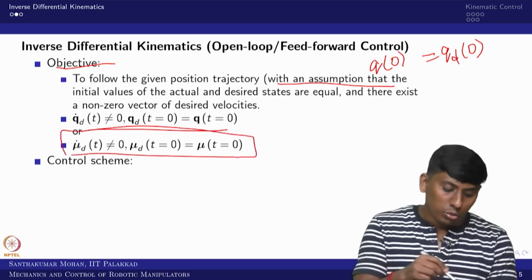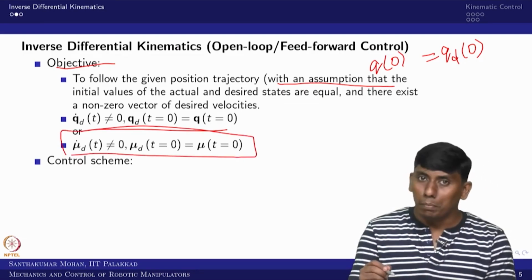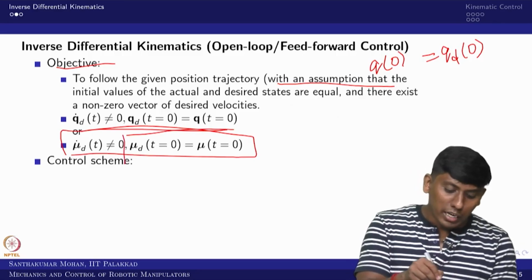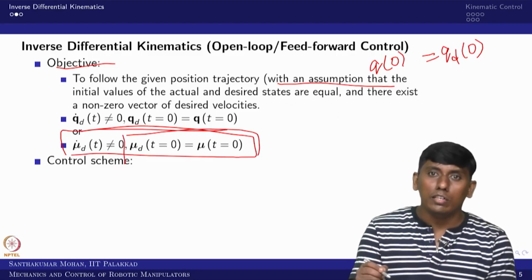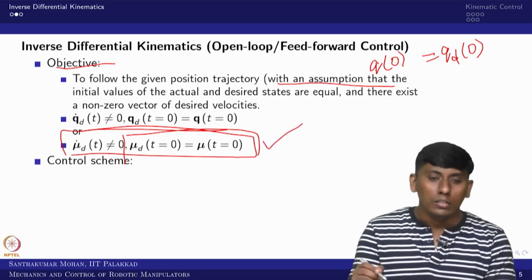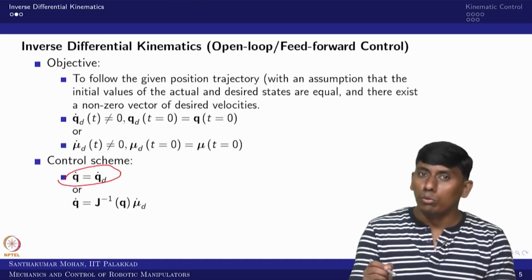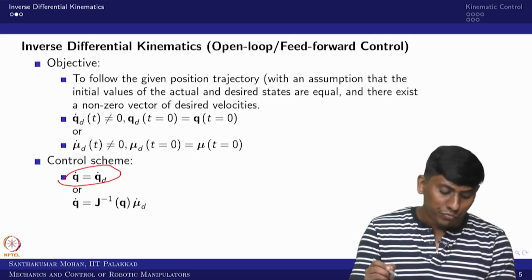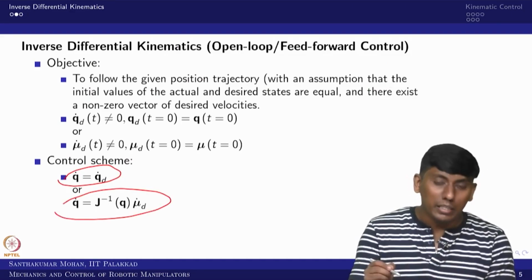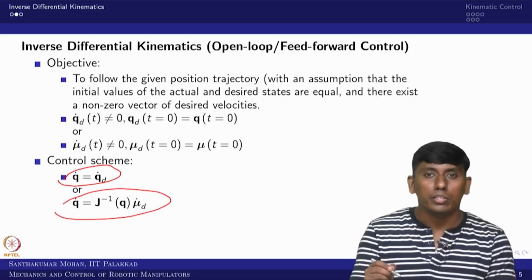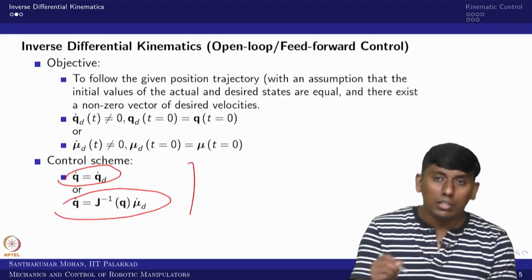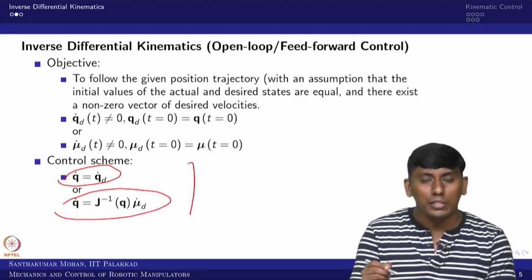In the task space, mu desired dot is supposed to be non-zero, and mu desired at t equal to 0 and mu at t equal to 0 are both supposed to be equal. Then the control law can directly be written as q dot equal to J inverse of mu desired dot. This is what we call inverse differential kinematics.